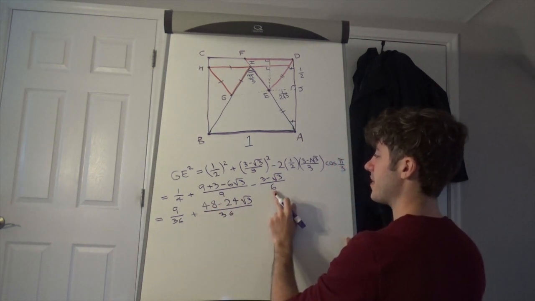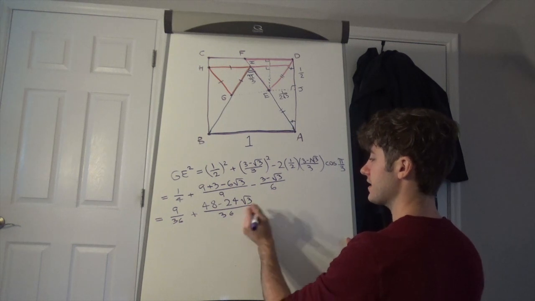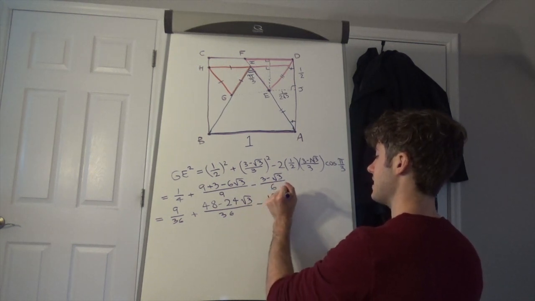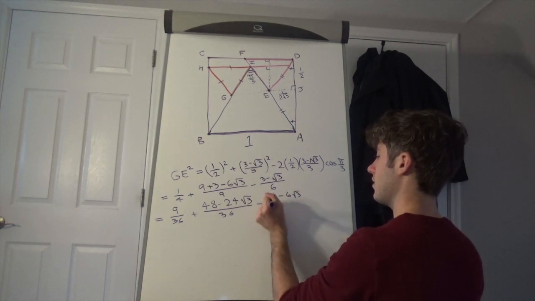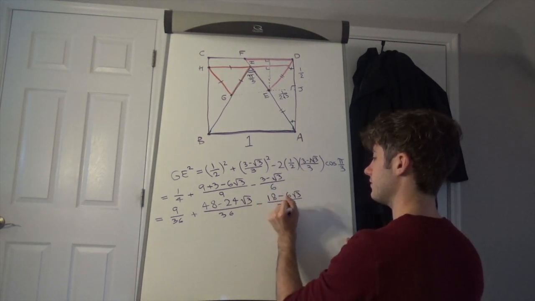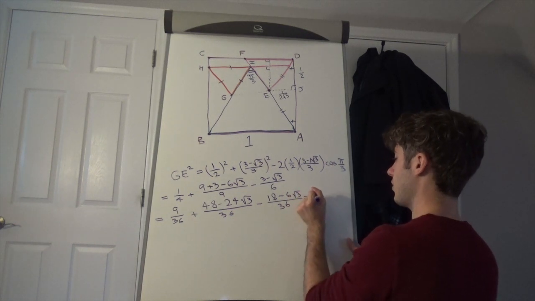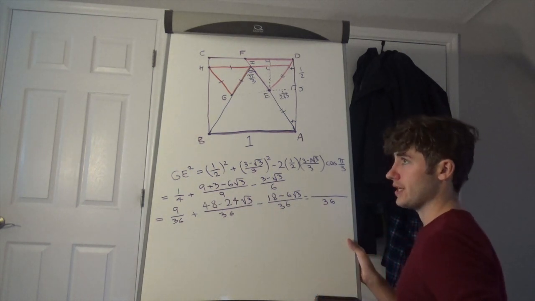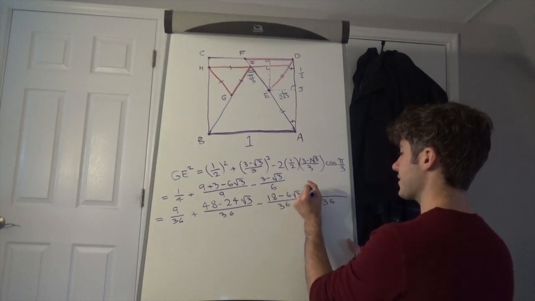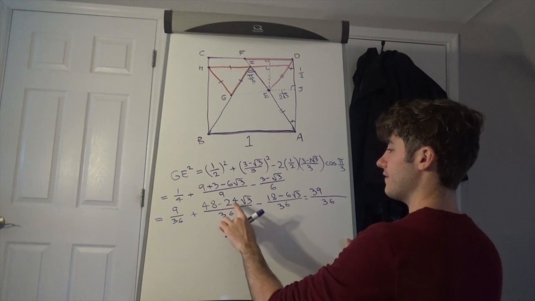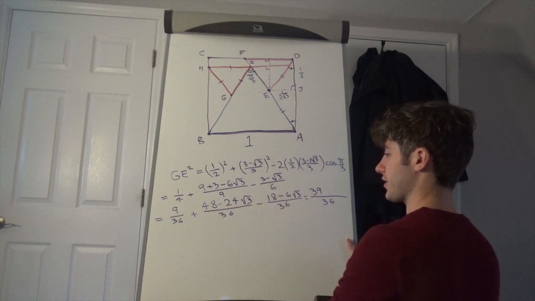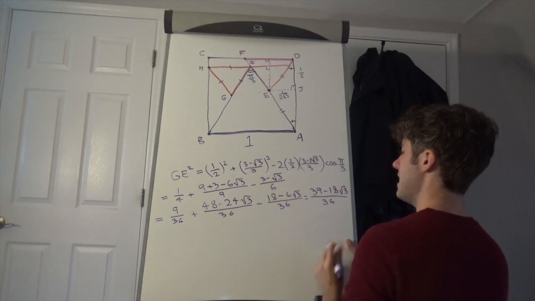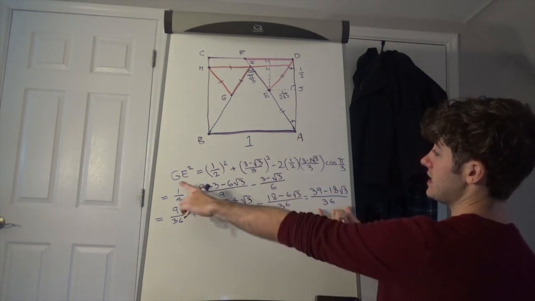And now I multiply the top and bottom of this by 6 to get 36, so I have minus 18 minus 6 root 3 over 36, which of course comes out to 9 plus 48, which is 57, minus 18 is 39, negative 24 root 3 minus negative 6 root 3, which is minus 18 root 3. And that is GE squared.